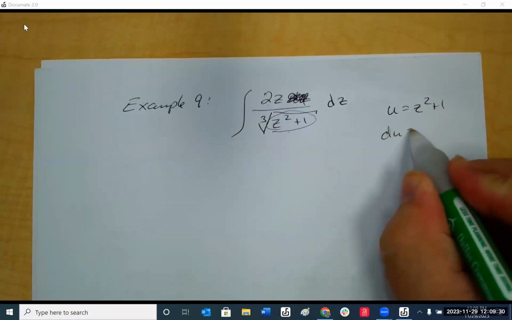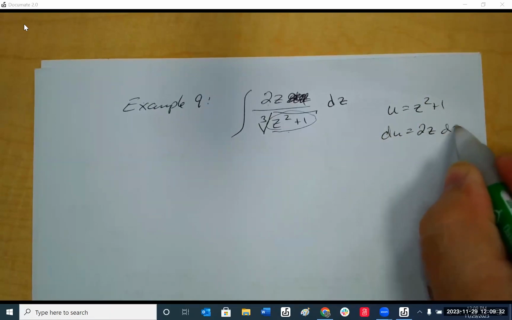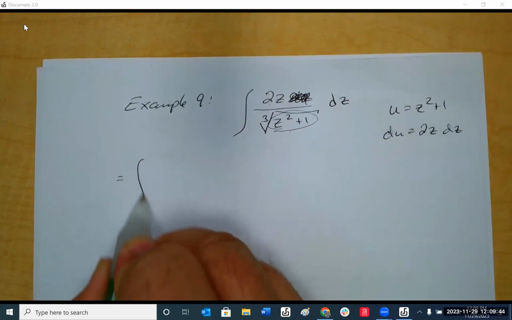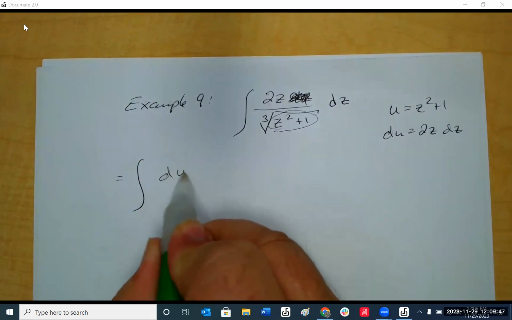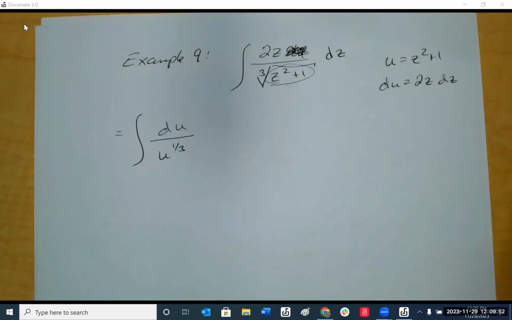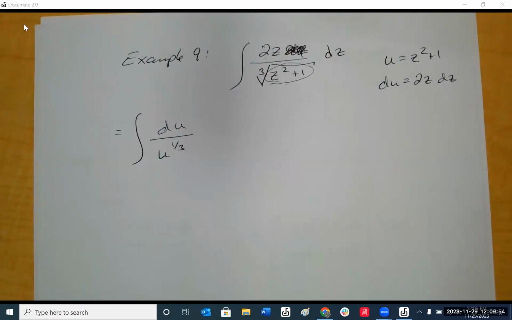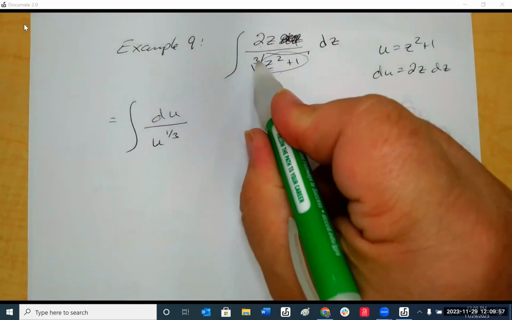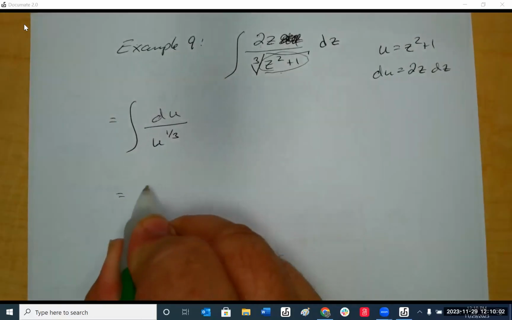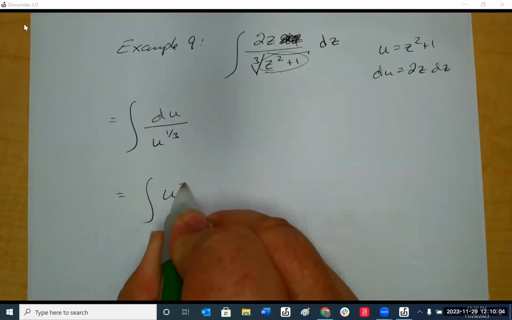Because when I take du, I get 2z dz. So my substitution is du u to the power negative 1/3, because it's a cube root. Just rewrite it.